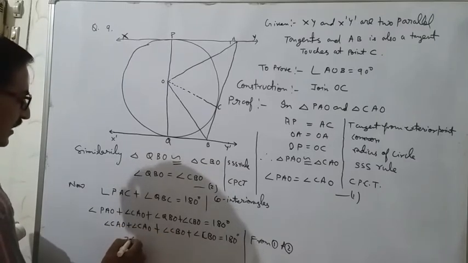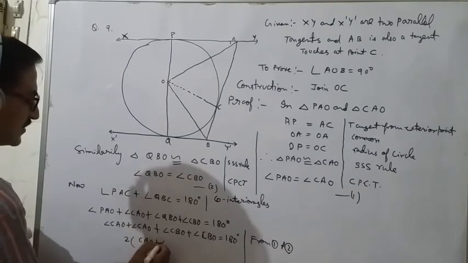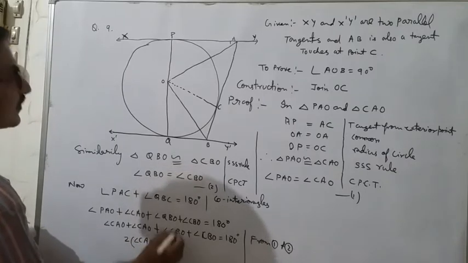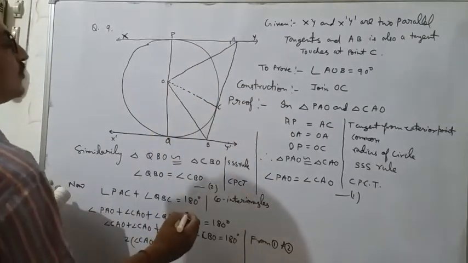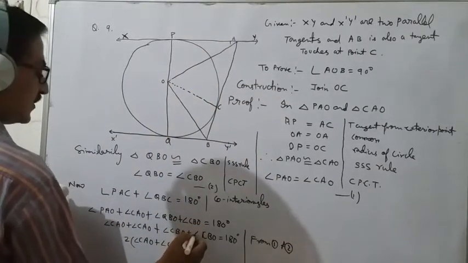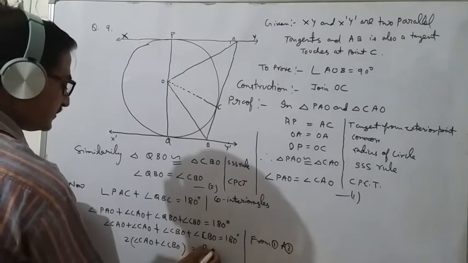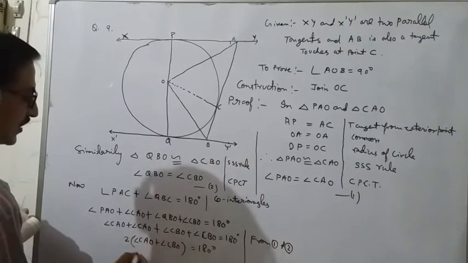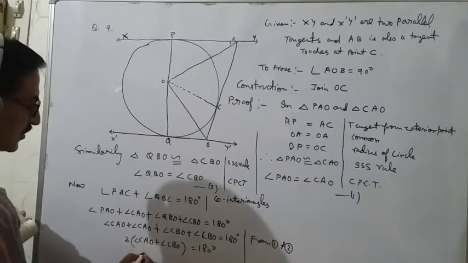So you can take the common 2: 2 times angle CAO plus angle CBO, equal to what? 180 degrees. If 2 times that is there, so 1 time what will be?